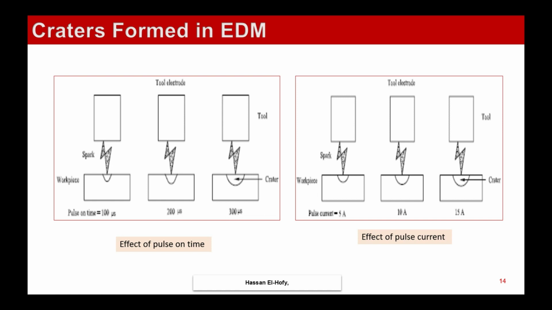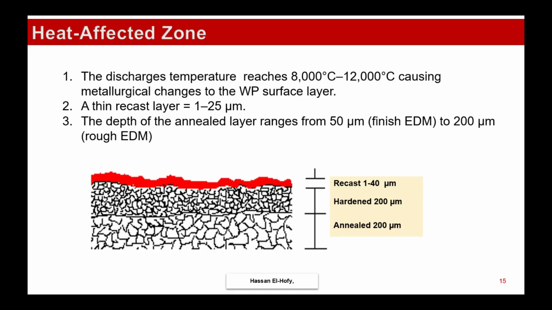At the right-hand side, you see the effect of pulse current for the same pulse on time. When you put more current in each pulse, you get larger crater size, larger removal rate, and rougher surface.